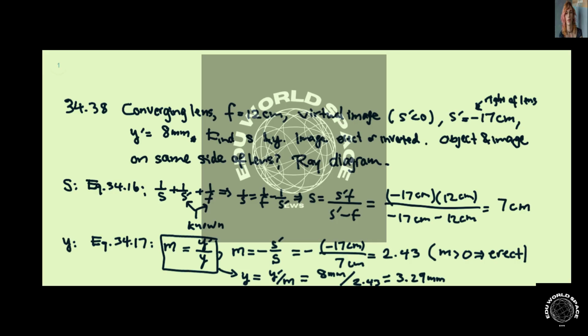Now we will draw the ray diagram on the next page. So here we have the optic axis and a converging lens. Let's say that's the middle, and this is the focal length on one side and on the other side.